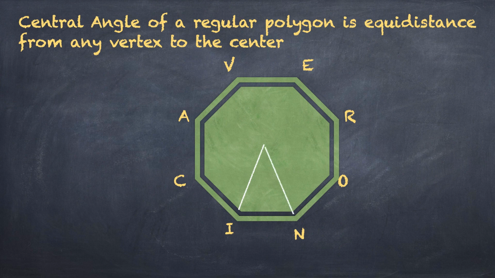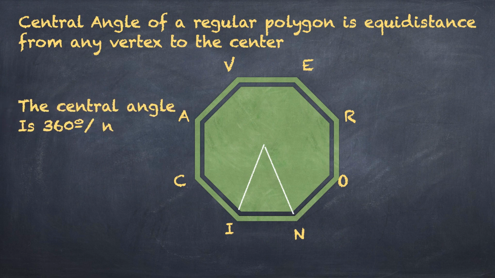I have now formed a central angle. Okay, the central angle is 360 divided by n, n being the number of sides. 360 in this case divided by 8 is 45 degrees. So the central angle of any regular octagon is 45 degrees.